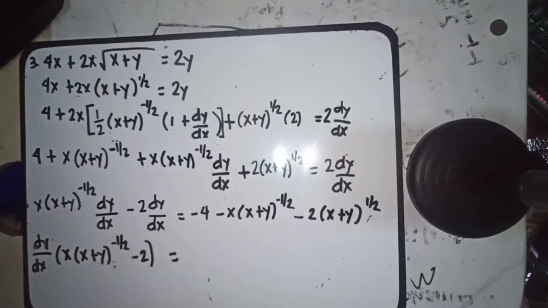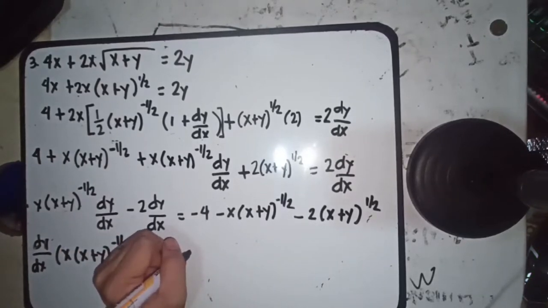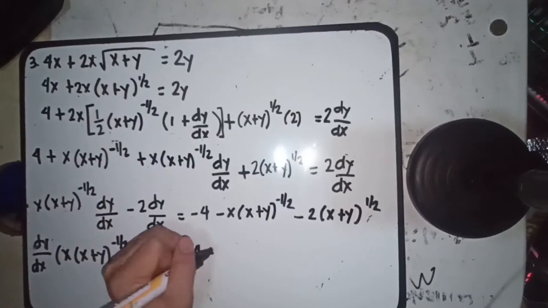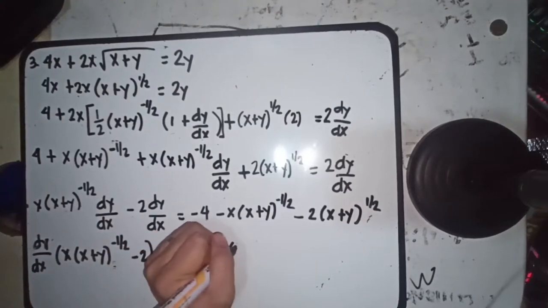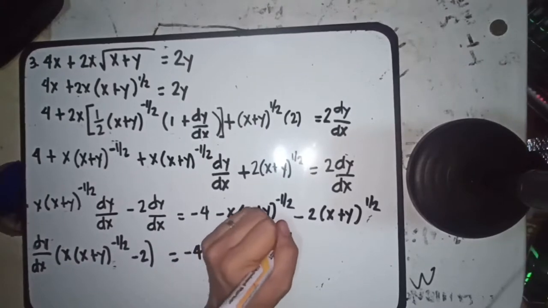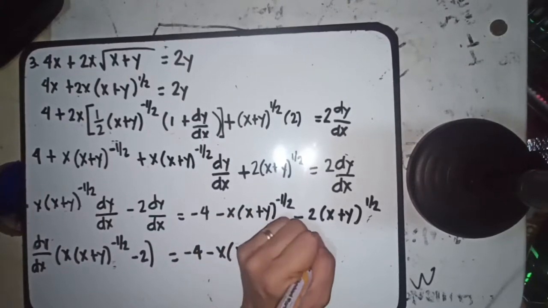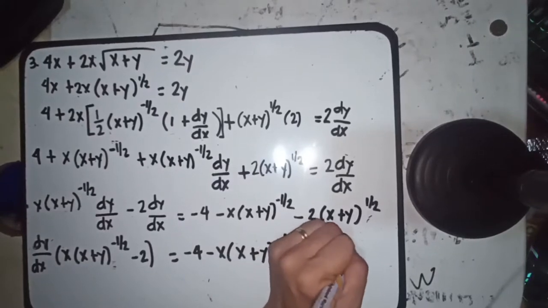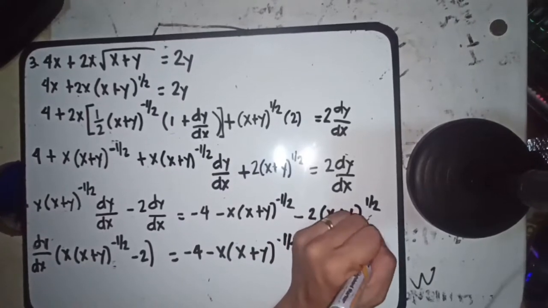This is equals to, we copy, negative 4 minus x times x plus y raised to the power of negative 1 half minus 2 times x plus y raised to the power of 1 half.